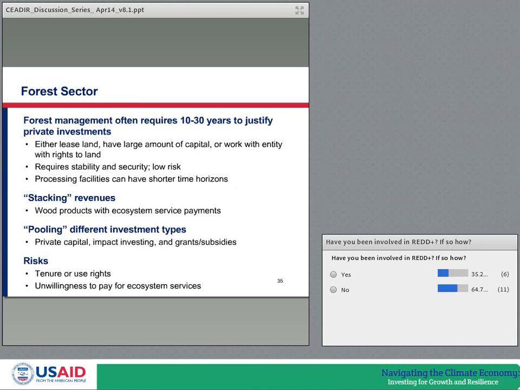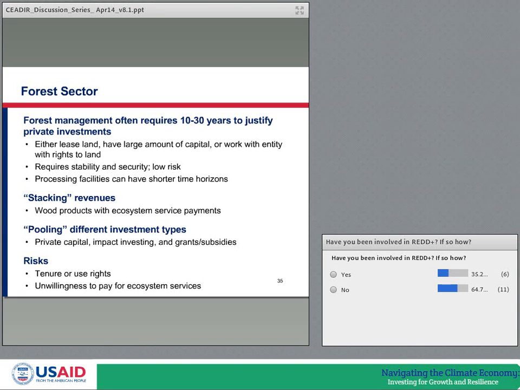So for forest management a bit here. That's agriculture, here's forest management. These are long-term projects. It takes a special investor to go into a project where you're not looking for your returns for more than a decade.